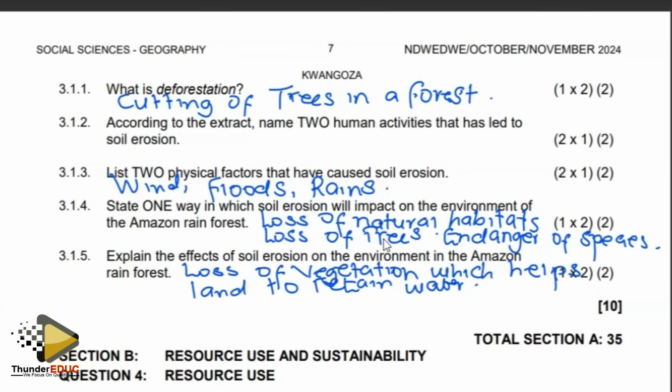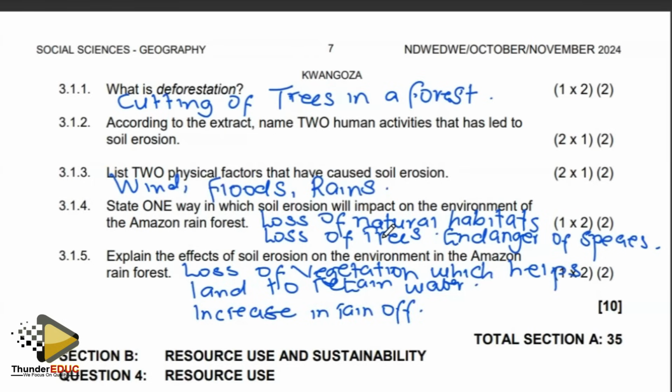There will be an increase in runoff as vegetation does not protect the soil.